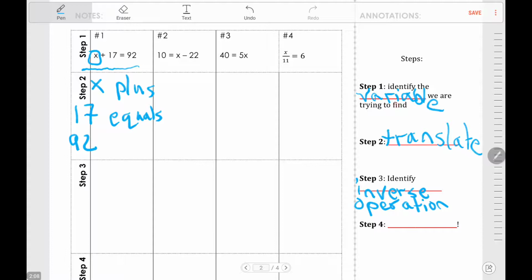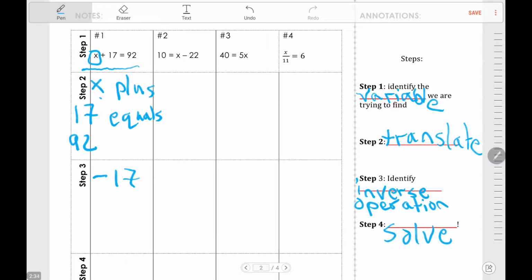So what did we do? We had an x and we added 17 to it. We did x plus 17. So what's the inverse of plus 17? That's going to be minus 17. So that's the inverse.